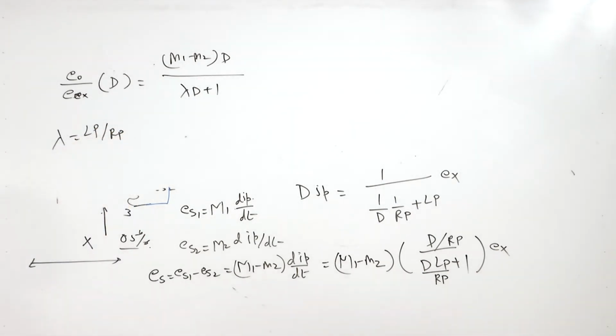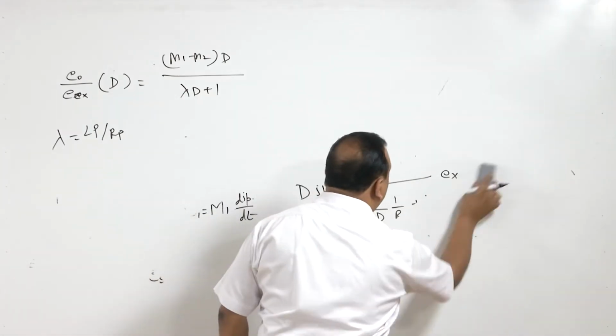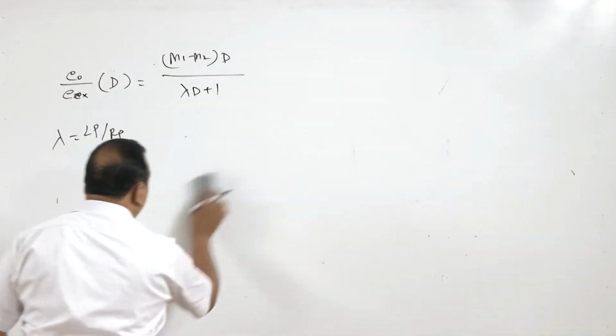Now LVDT can also be used, suppose the frequency of input is 20 hertz, or LVDT can go for a high frequency input also, because in a potentiometer there is the limitation, it cannot go for more than 50 hertz.